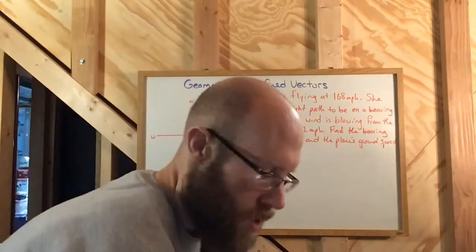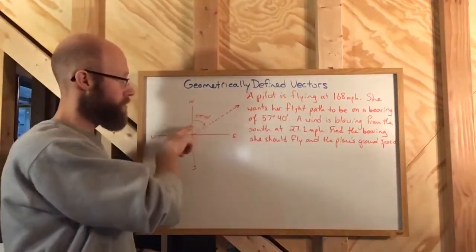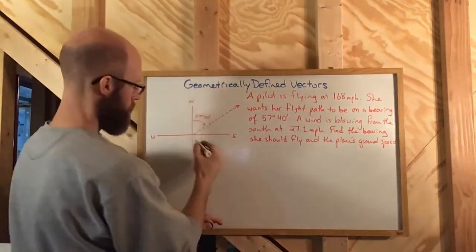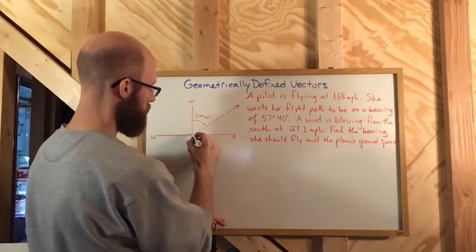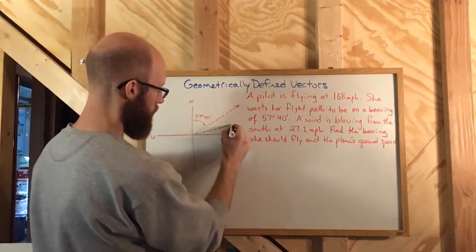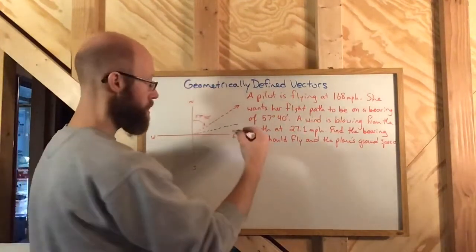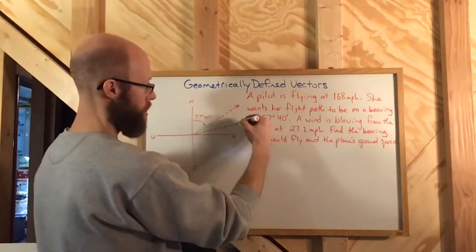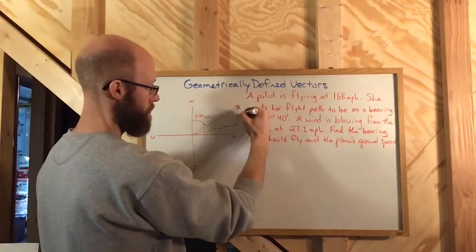So what we need to do is add two vectors together to find this final vector. The vectors that we're going to add are the bearing that she needs to fly in, in addition to the vector of the wind, which we know is blowing from the south, so it's blowing sort of vertically here.